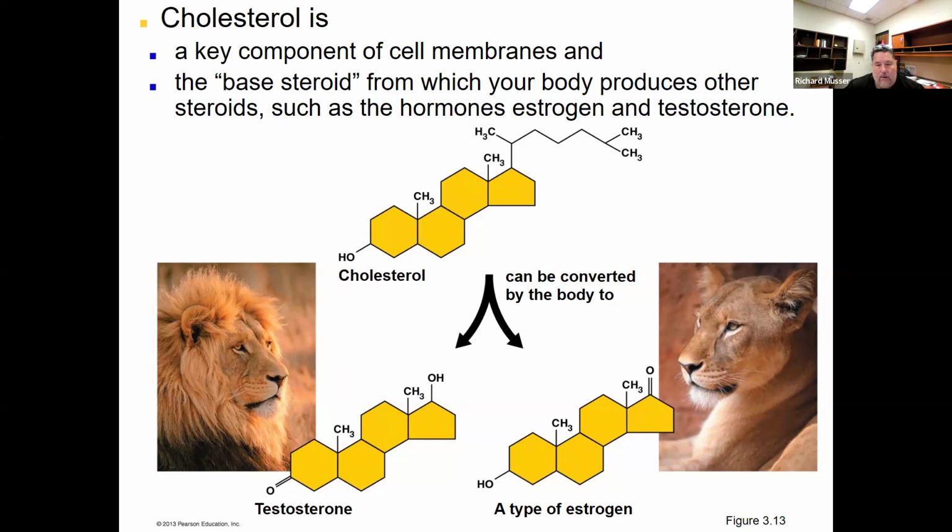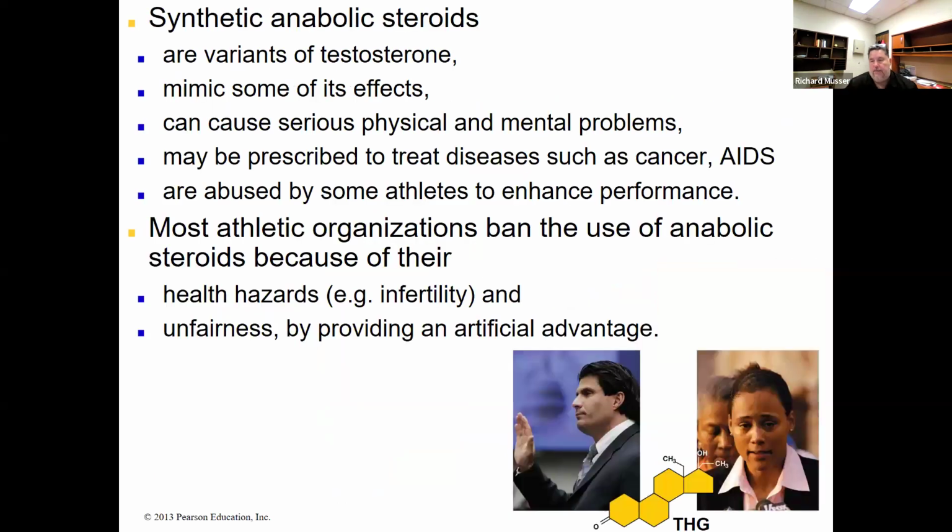The other thing is these hormones can also be taken in a synthetic form. So testosterone, for instance, can be used and formed in different ways to form anabolic steroids and give some athletes, I guess, an advantage.